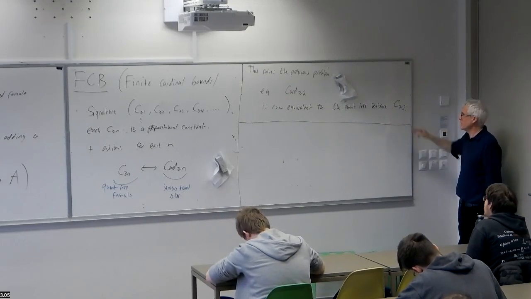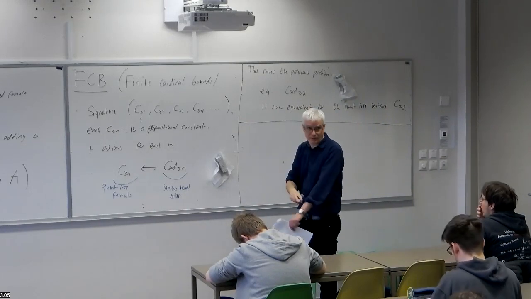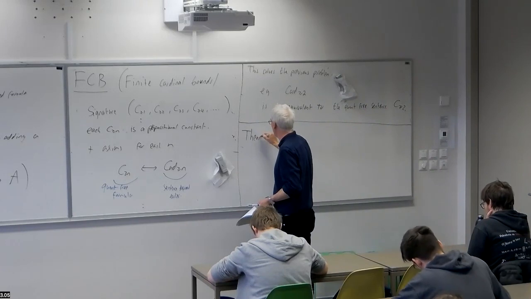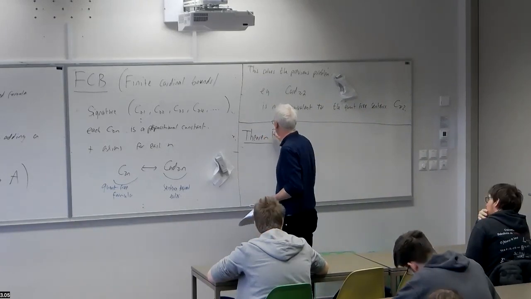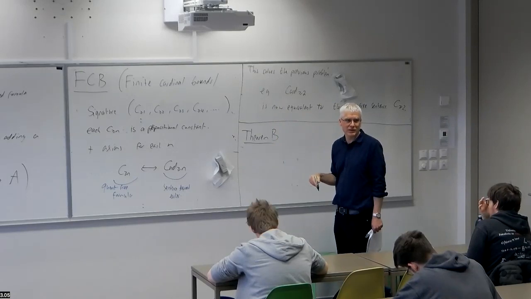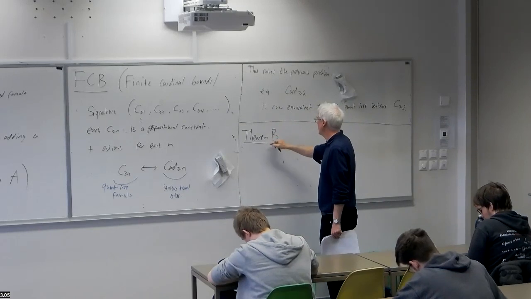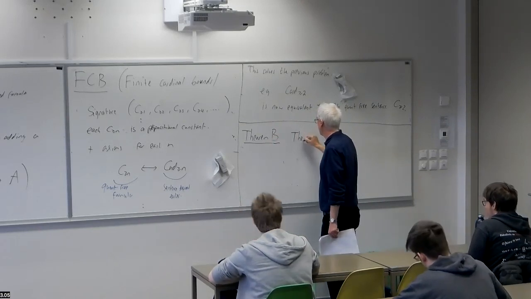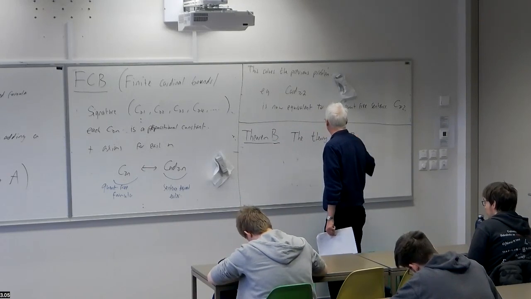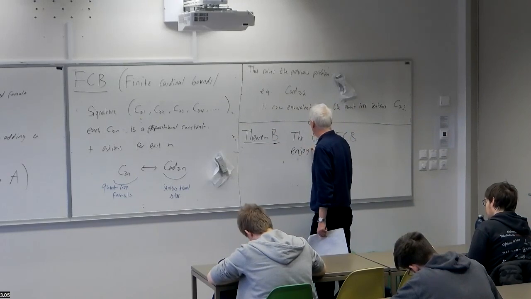The point is, we're going to prove in the rest of the lecture the theorem, and the theorem is, as you may guess, theorem B. The first theorem of the lecture, I don't know if I remembered to call it theorem A, but that was theorem A, the one about decidability. So theorem B is, as you may guess: theory FCB, finite cardinal bounds, enjoys quantifier elimination.